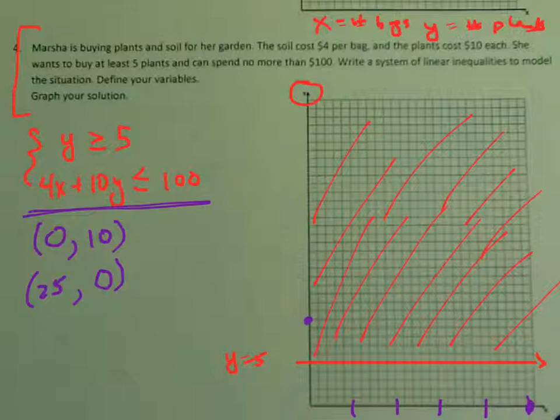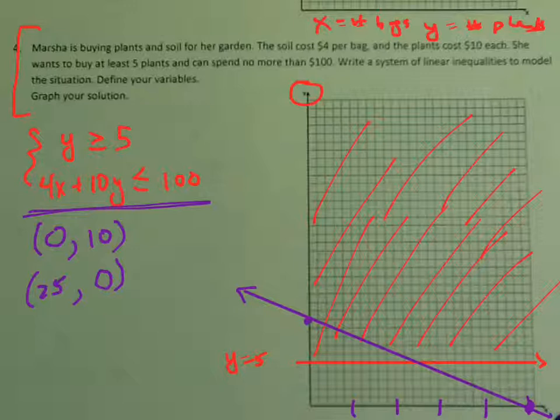I might be off by a dot or two, but close enough. Let's draw our graph in now. Not close enough. Let's try that again. Good enough.